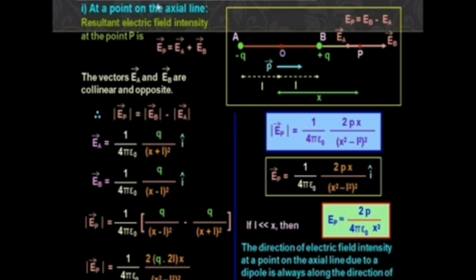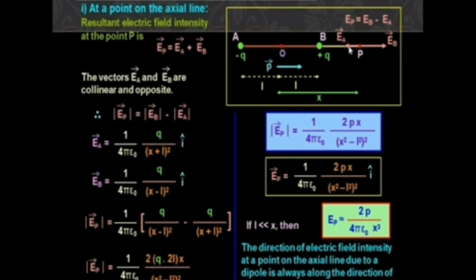So at a point on the axial line, the resultant electric field, the total electric field EP, equals EA plus EB, the electric field due to A plus the electric field due to B. We have to add them to get the total electric field. The vectors EA and EB are collinear and opposite.